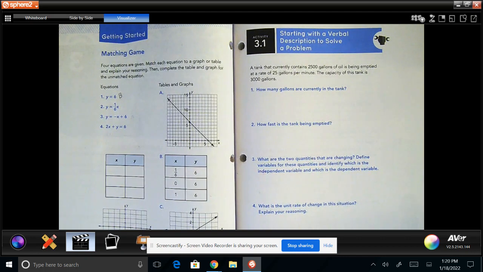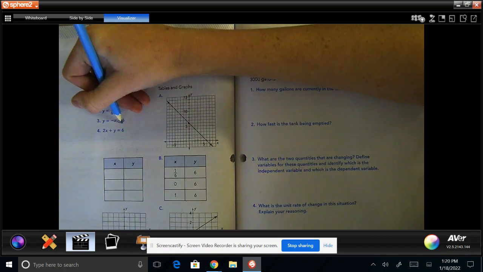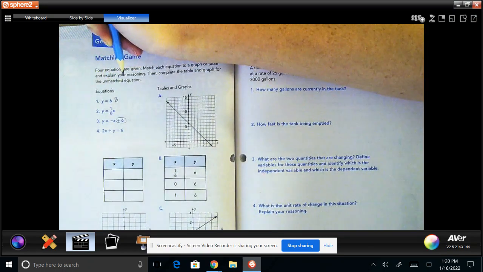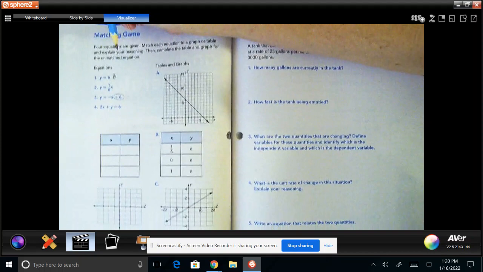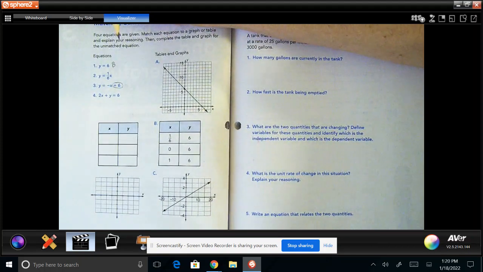On number 3, I see y equals negative x plus 6. I see this plus 6, which tells me this is not a proportional relationship, which means my line does not go through the origin like on table C. What it tells me is that the line goes through 6 on the y-axis.